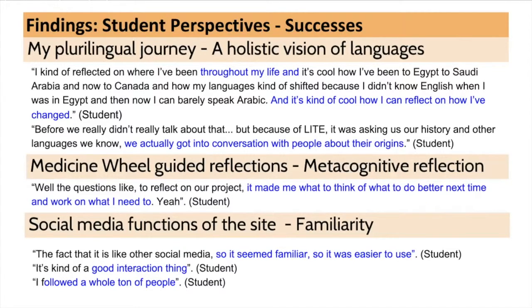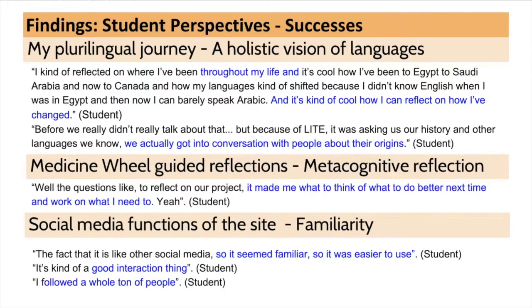Here are just some quotes from students about successes, and because of the limitation of time, we show just some of them, but we have more than this. As you can see, for the multilingual journey, students experience a holistic vision of the languages they know through their real life journey. They talked about a summary of their language life by doing the multilingual journey.